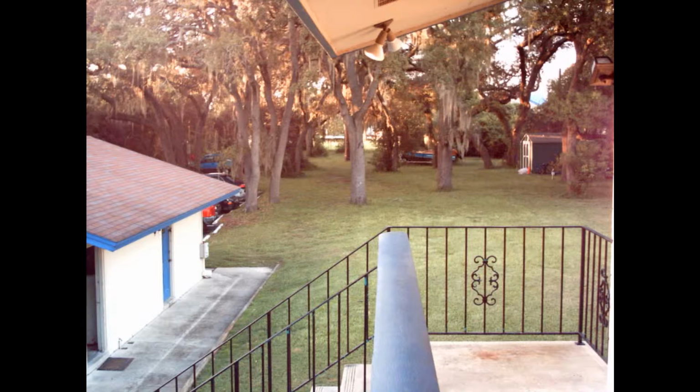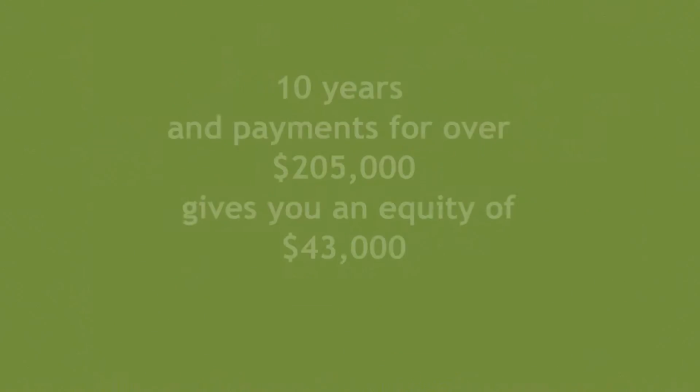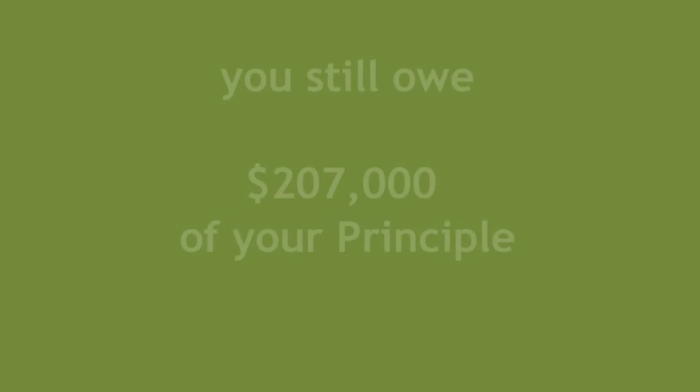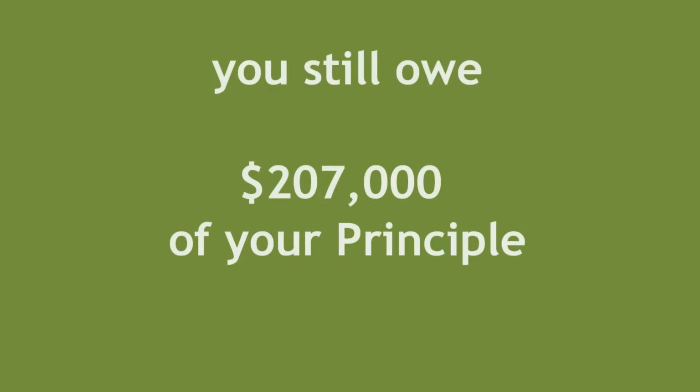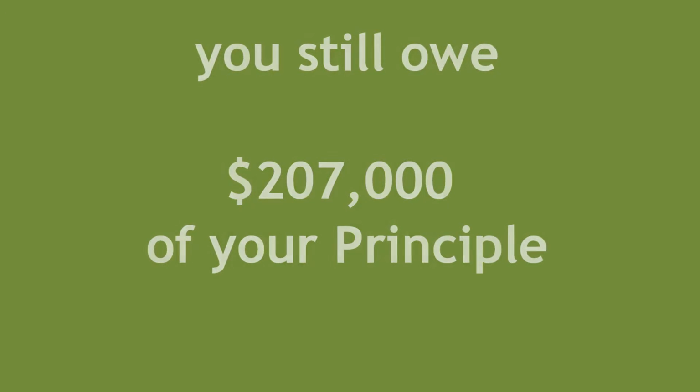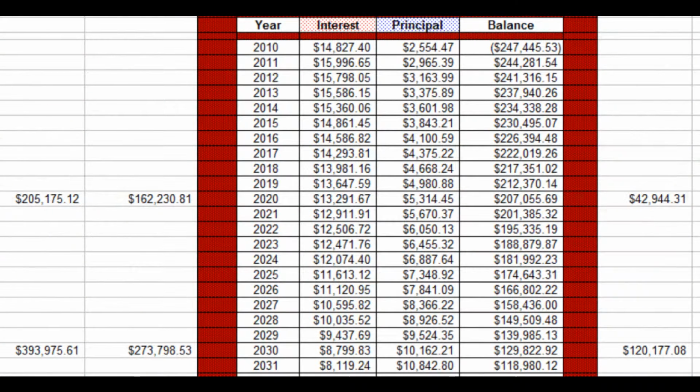But you see what happened after 10 years, and after over $200,000 in payments, look at this, you still owe over $207,000 out of your $250,000 loan. You still owe $207,000.